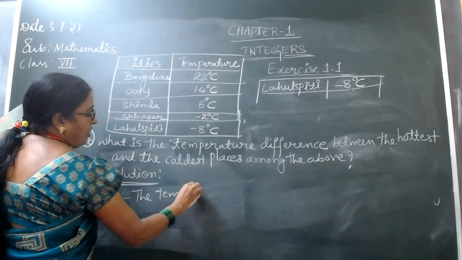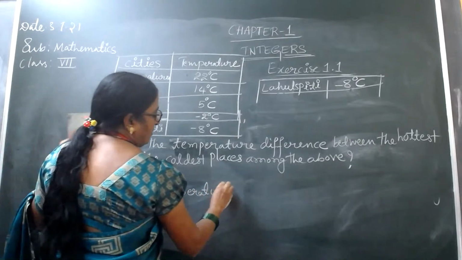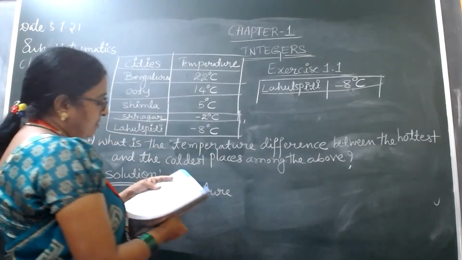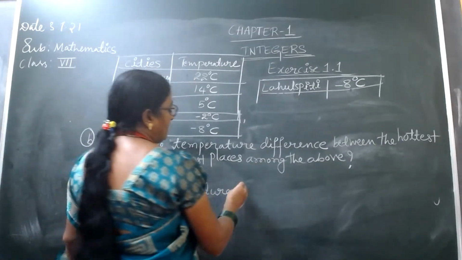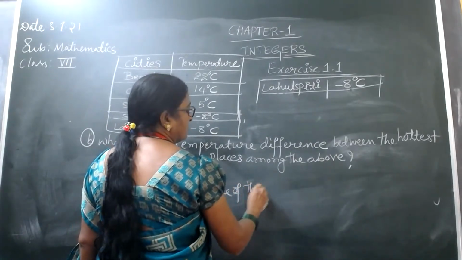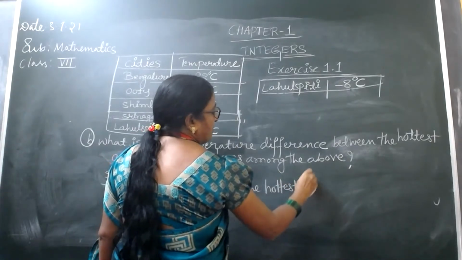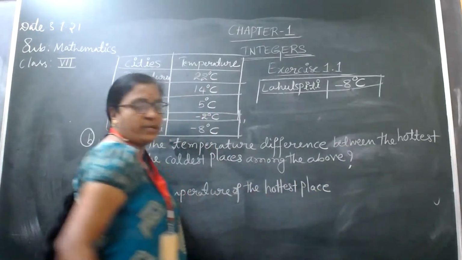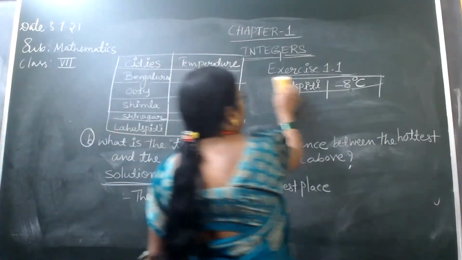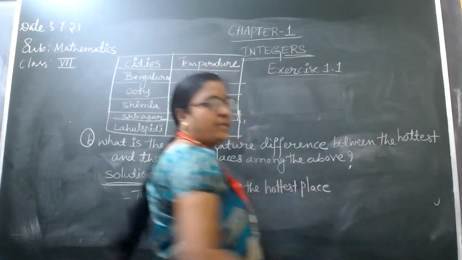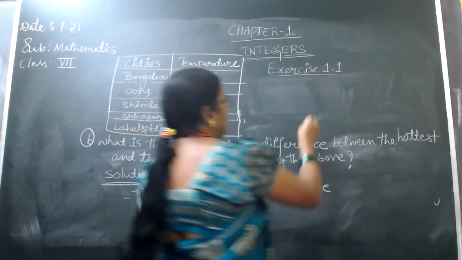The temperature of the hottest place. Students, look here. This is the hottest place, Bengaluru, 22 degrees Celsius.